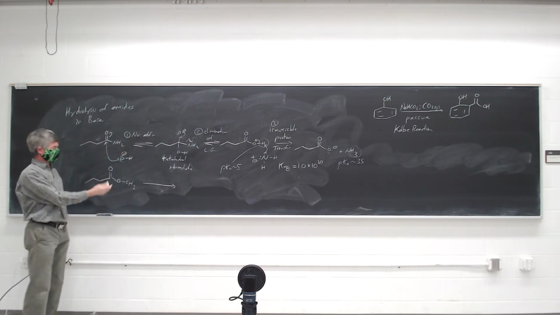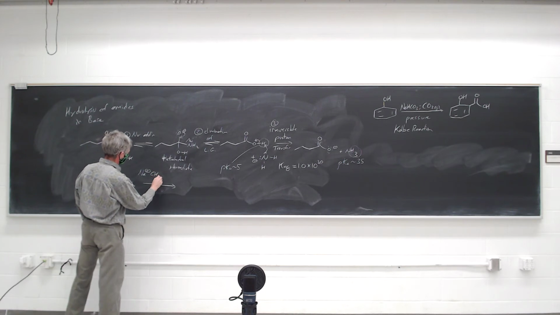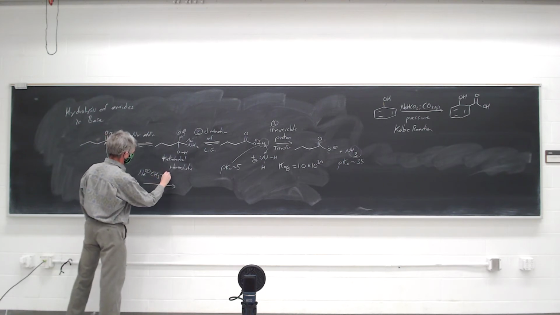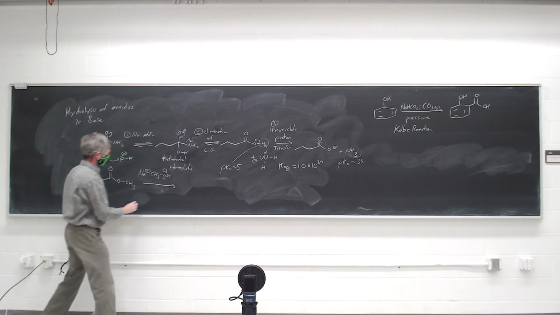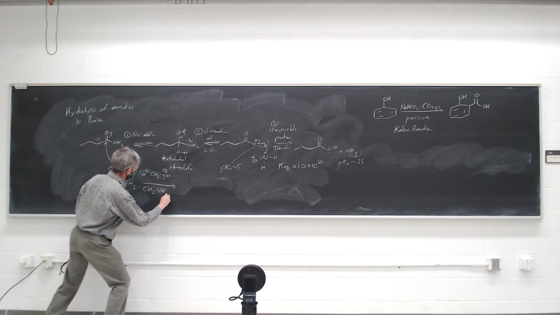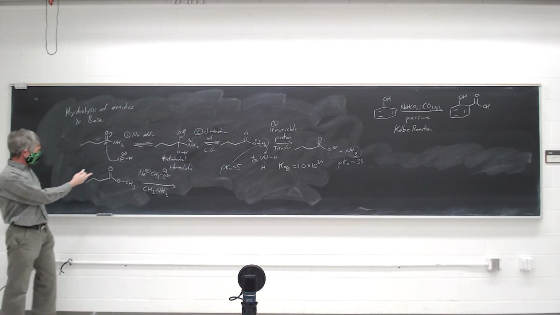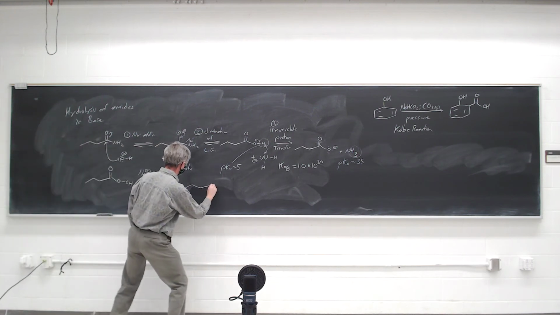If I were to treat this ester with sodium salt of methylamine, for example, in methylamine, so I have the base and the conjugate acid, I could make an amide out of it.